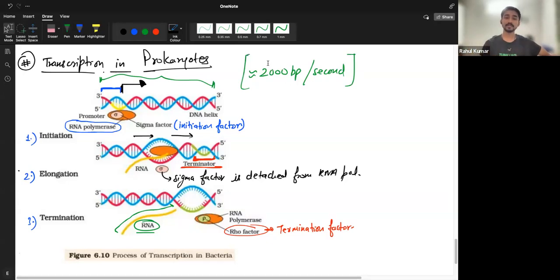You can imagine, for transcription it's still a little slower than replication, but 2000 base pairs per second is an amazing speed, isn't it? It's like counting from 1 to 2000 in 1 second. And that's how fast molecules can work. Okay, so this is for DNA-dependent DNA polymerase that I'm telling you. DNA-dependent RNA polymerase is also very, very fast, somewhere around it.